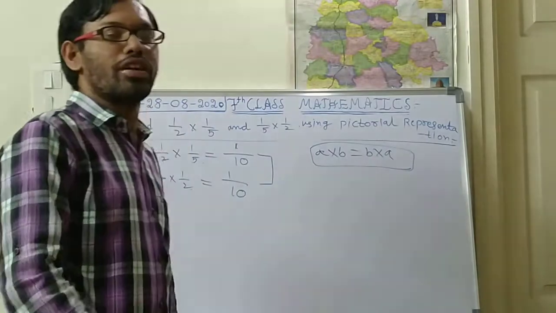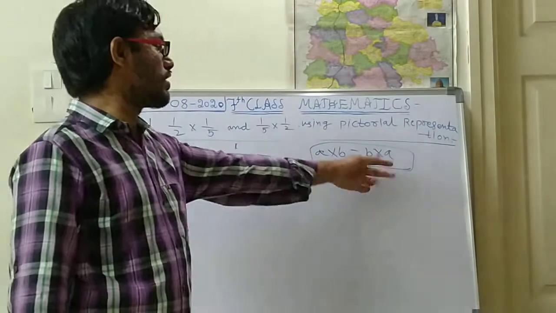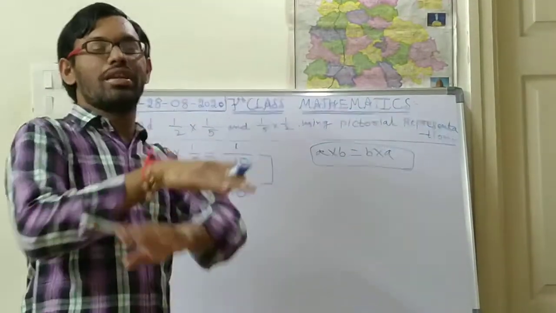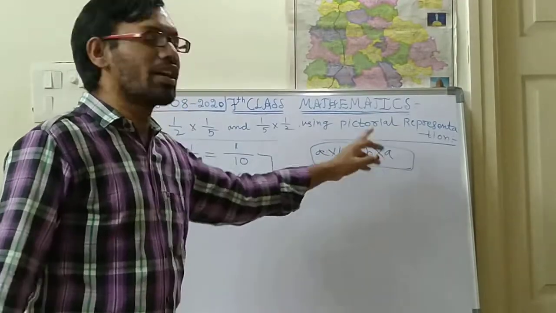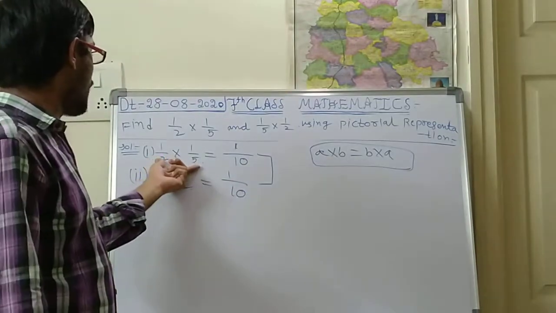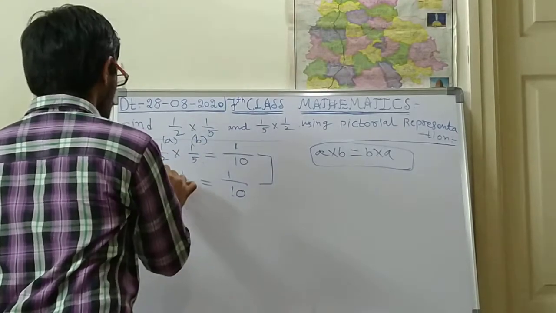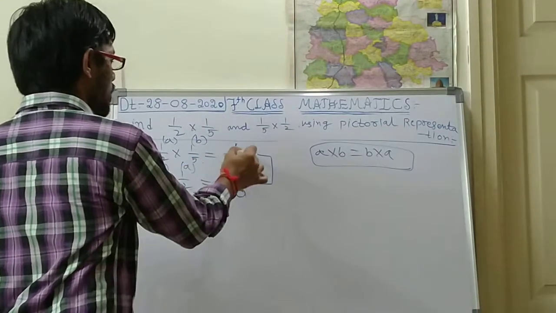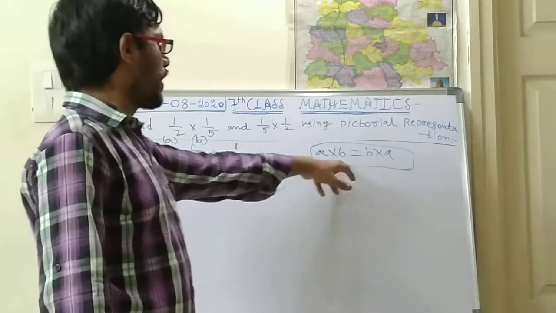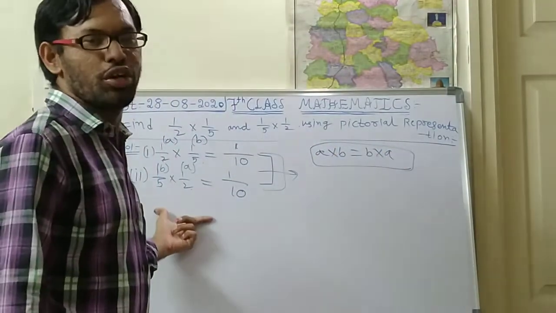If you exchange their places, their multiplication will be the same. Suppose 1 by 2 is a and 1 by 5 is b. a into b is equal to b into a. Both are getting equal results. So this is one of the commutative properties.